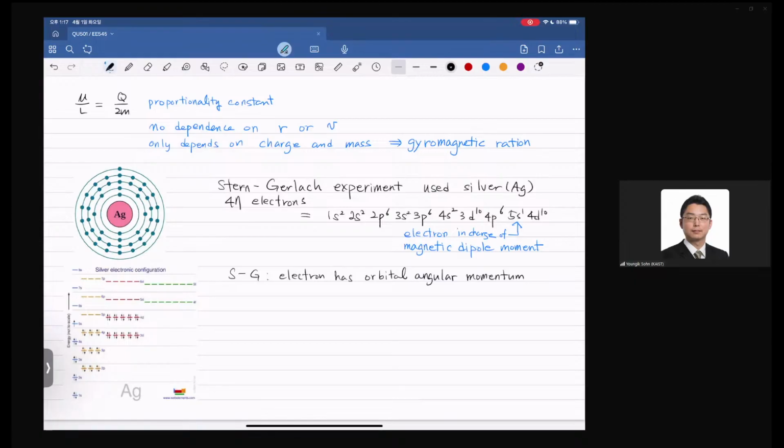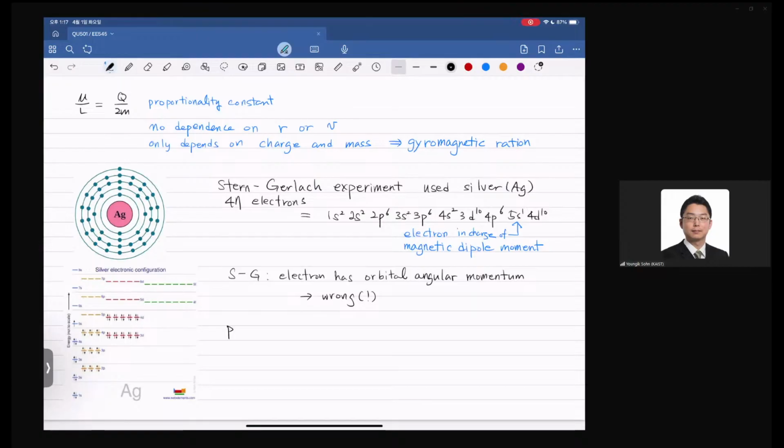Okay, that turned out to be wrong. Because that 5s1 orbital, if you really analyze it later, is not really circling around. Okay, it's an s orbital, symmetric. It doesn't have angular momentum. It's zero, basically. So it's not responsible for making that magnetic effect.